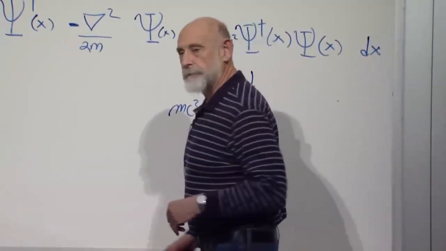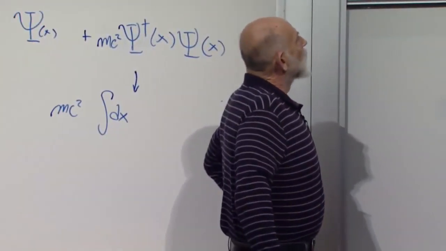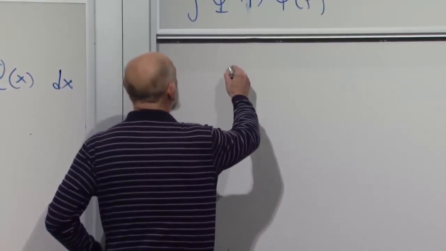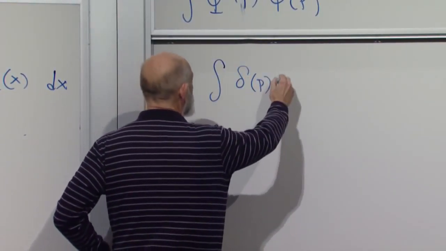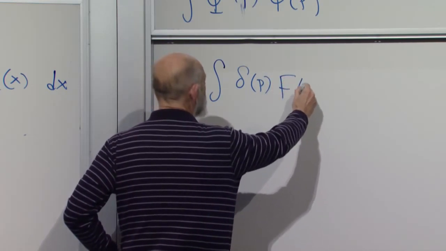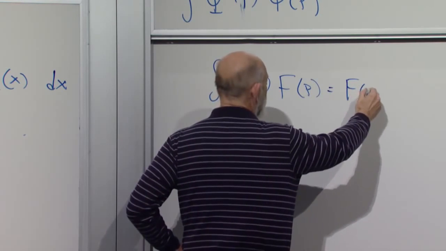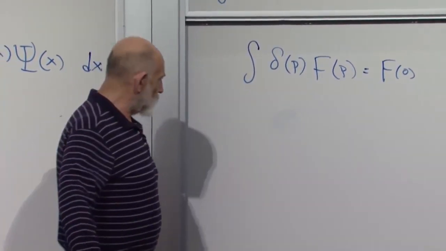Quick question, please. What happened to that being infinite when p is equal to q? Somehow we don't talk about it. No, that's okay. Whenever you integrate a Dirac delta function with another function, you just get that function at point 0. That's the definition of the Dirac delta function.